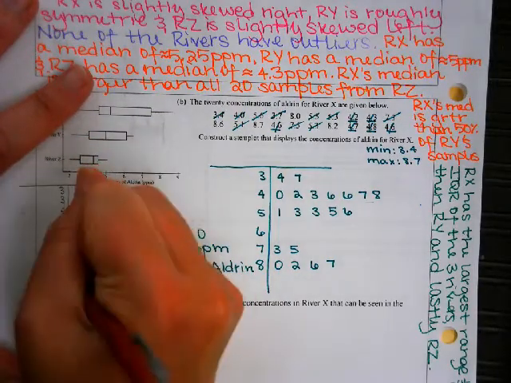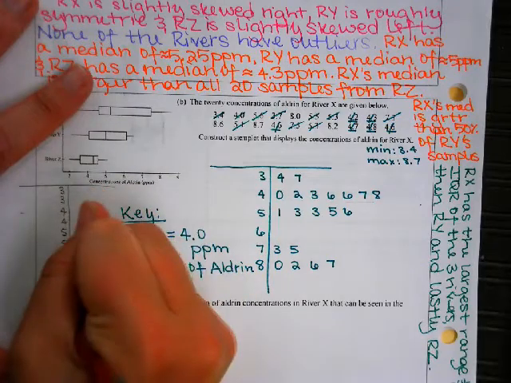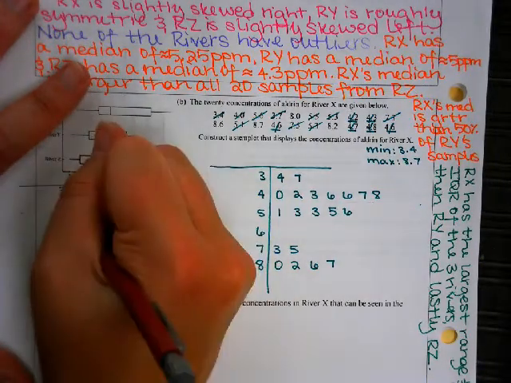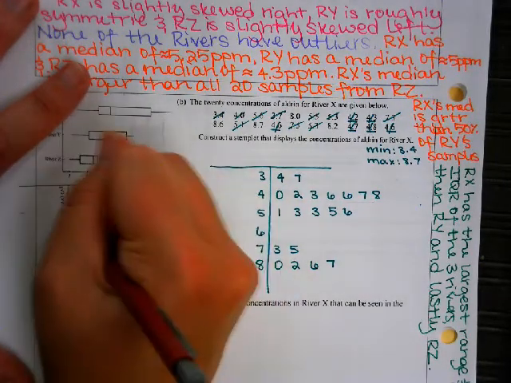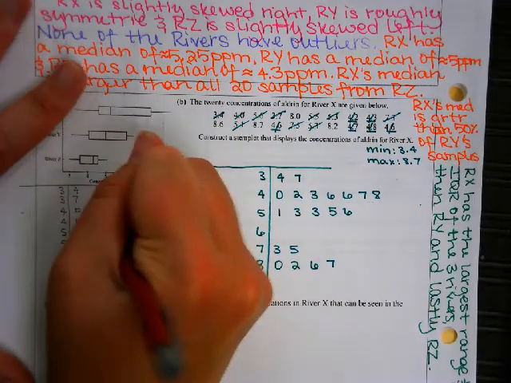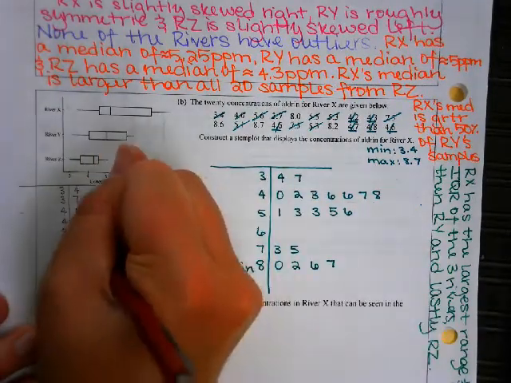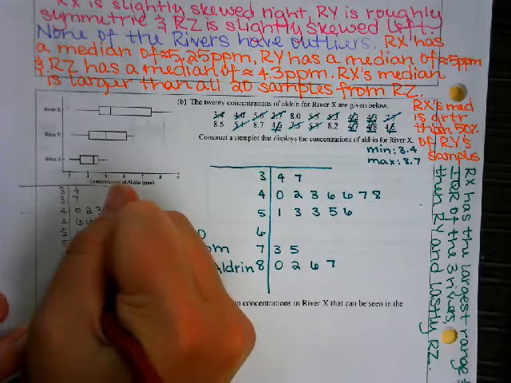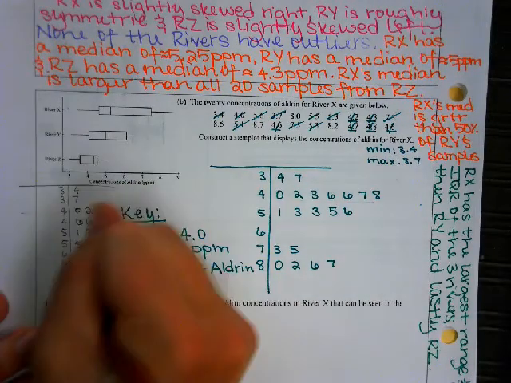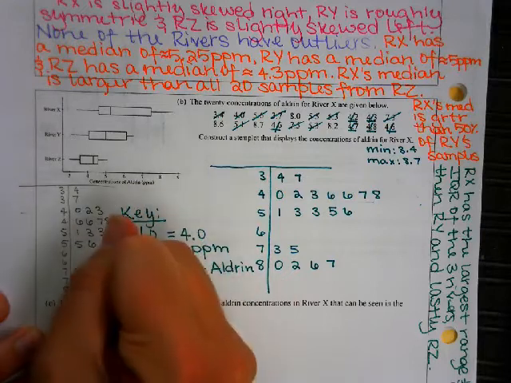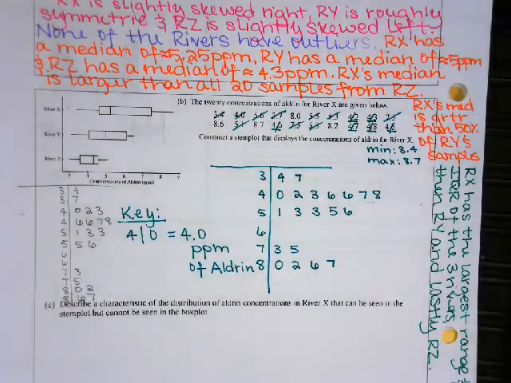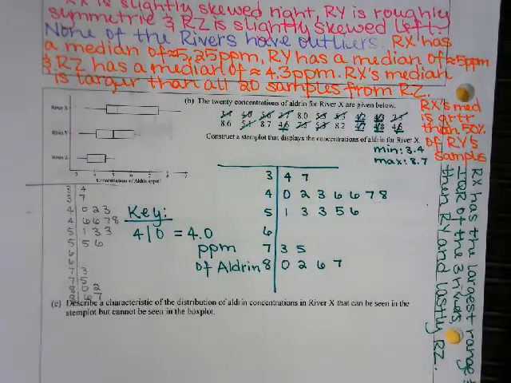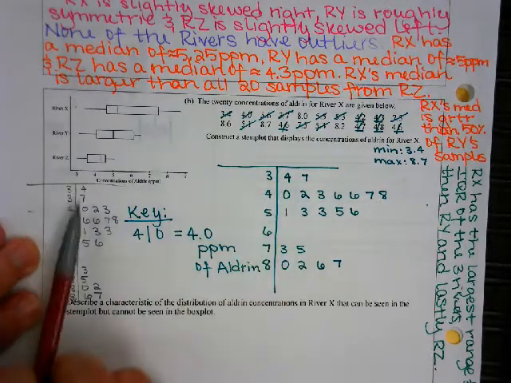We'd have 4 there, 7 there. 0, 2, 3, 6, 6, 7, 8. 1, 3, 3, 5, 6, 3, 5, 0, 2, 6, 7. So, if you split stems, which means that on the first stem I put any leaves 0 to 4, and on the next stem 5 to 9 leaves.